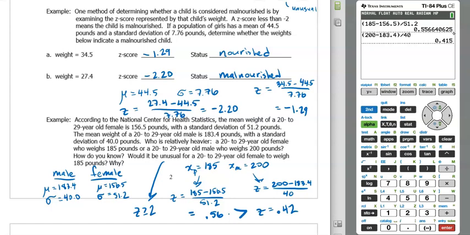Actually, we should say that the magnitude of the z-score is greater than or equal to 2, because a z-score of negative 2.5 would also be unusual. It's anything outside of either less than negative 2 or more than 2. And so that would not be unusual for a woman to weigh 185 because the z-score is only 0.56. If it was something more than 2, then it would be unusual.